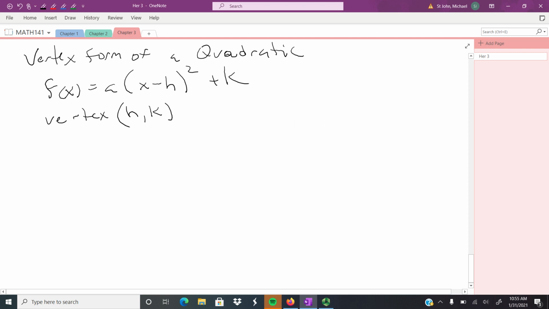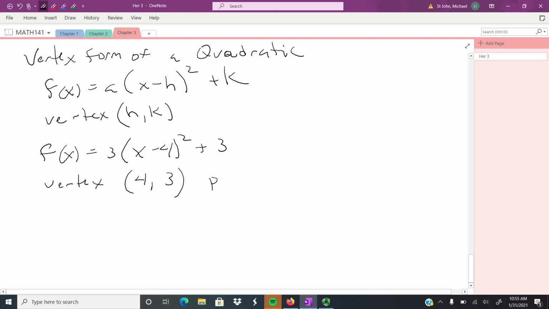So for example, if f of x equals 3(x minus 4) squared plus 3, the vertex is the point (4, 3). I also know this parabola opens up, and the axis of symmetry is x equals 4.